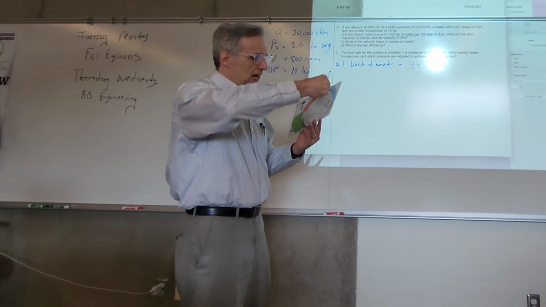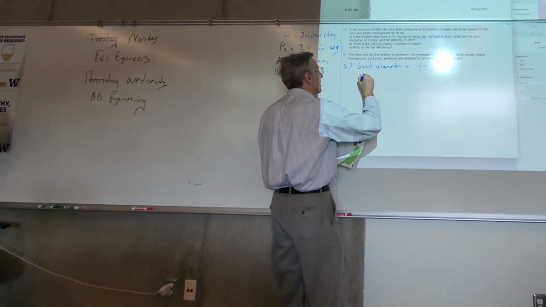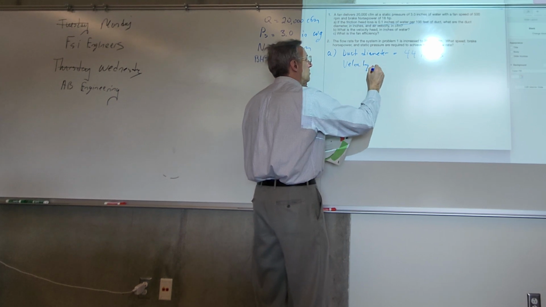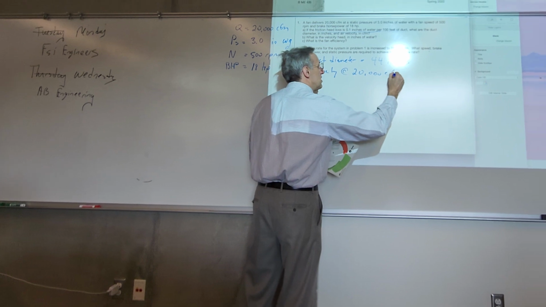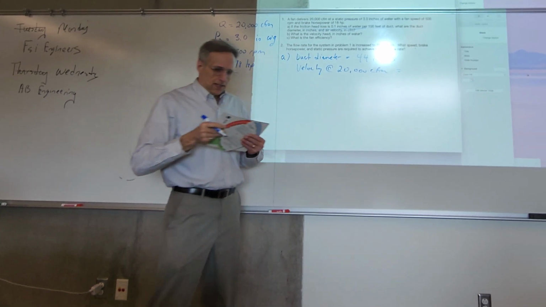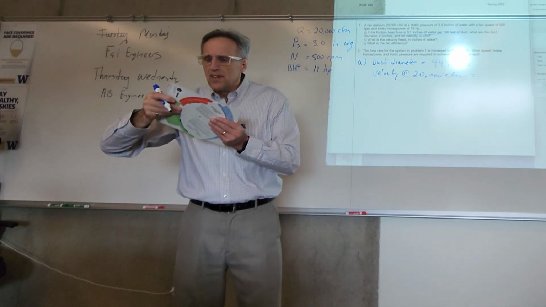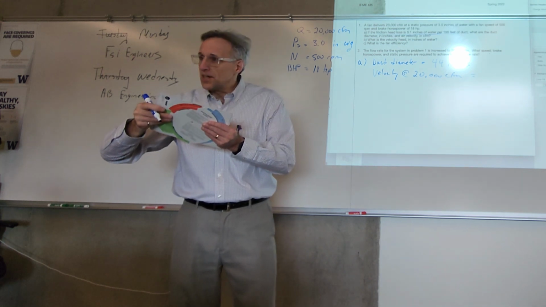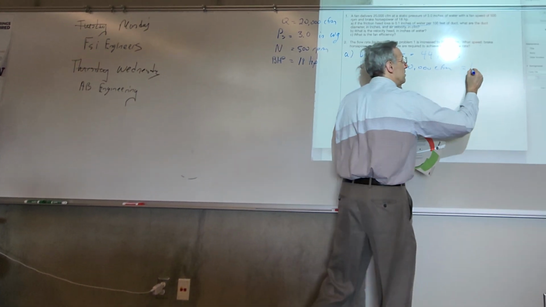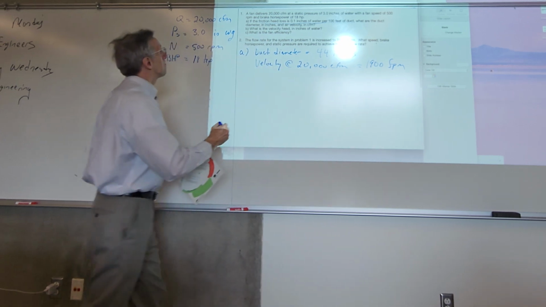Okay, so what's the velocity? We go over to the red, and velocity at 20,000 CFM, I believe it's around 1900. Did you get 1900? Yeah, it's about 1900 feet per minute.